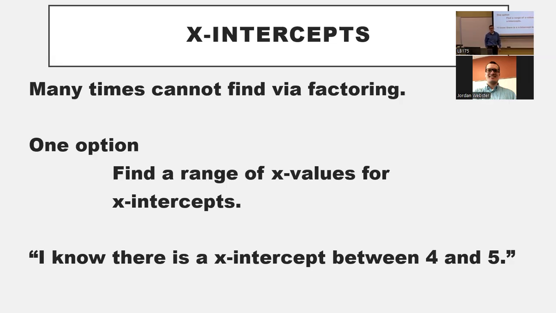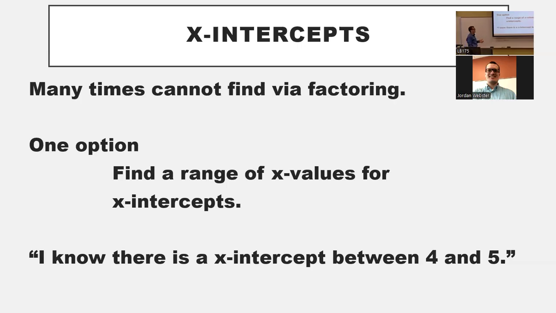In a lot of applications, you might end up with these really weird, ugly functions, and knowing approximately where it hits the x-axis is what you really want to know.